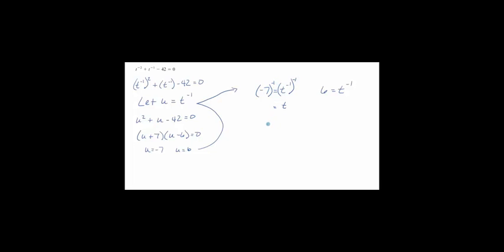Negative 7 to the negative 1 is going to be 1 over negative 7, or a lot of books will want you to write it where the negative is out front of the entire fraction. Do the same thing here. Exponent of negative 1. We're going to have 1/6 equals t.